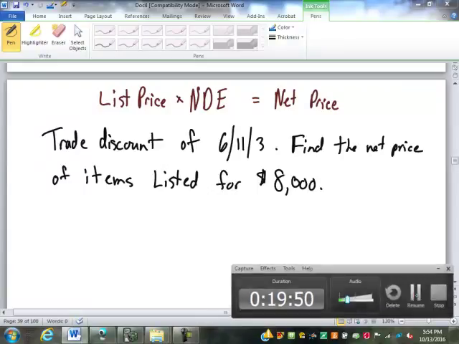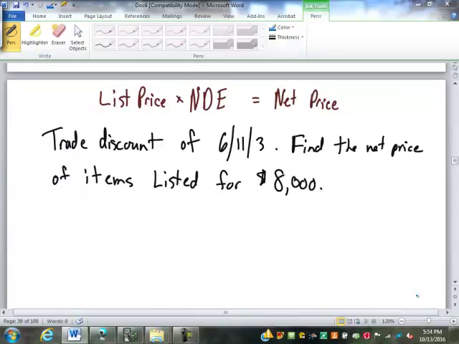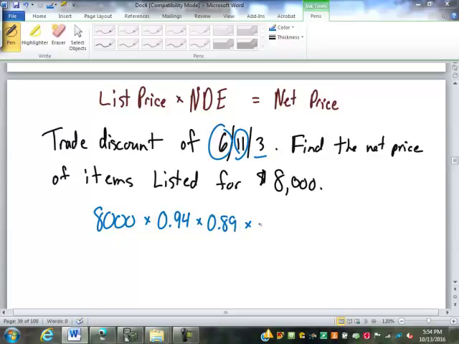I'll pause. Okay, so for this one, you could have very easily just done it all at once. Could have done 8,000 times, what's the 6 going to give us? 0.94 times the 11 will give us 0.89 times 0.97 from the 3. That will give us the net price.